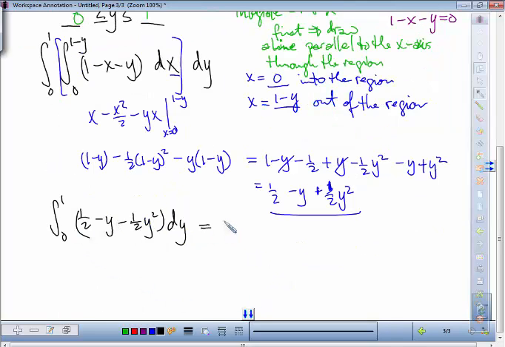So let's see. We got 1/2 y minus 1/2 y squared minus 1/6 y cubed from 0 to 1. So adding up a bunch of these things. Oh, this is a plus. So positive 1/6 is, I think, what I got. Okay, is that good?